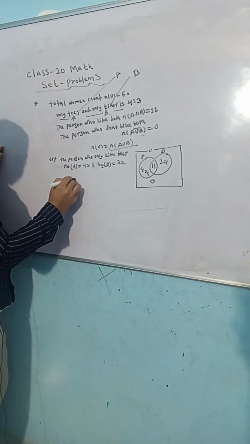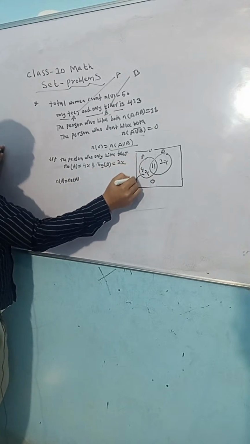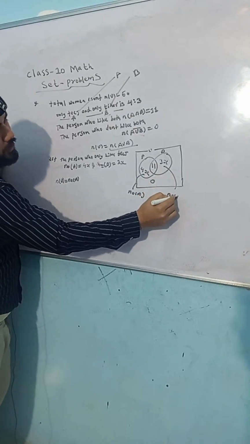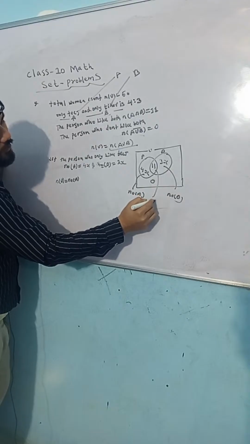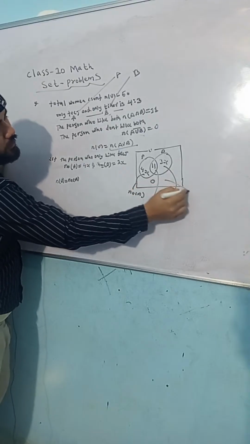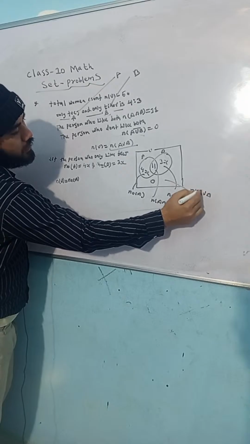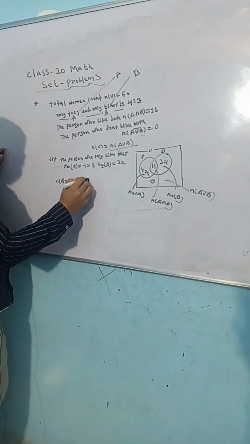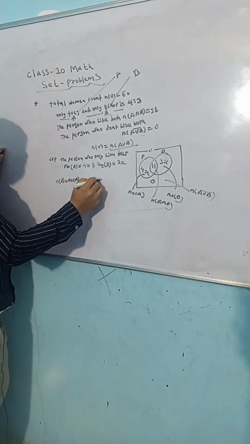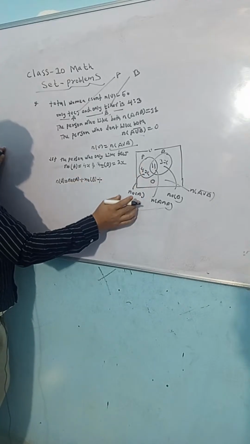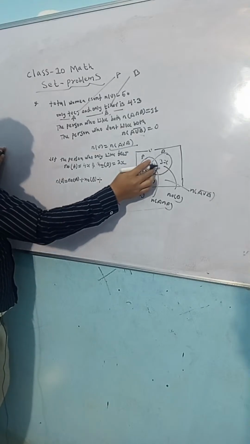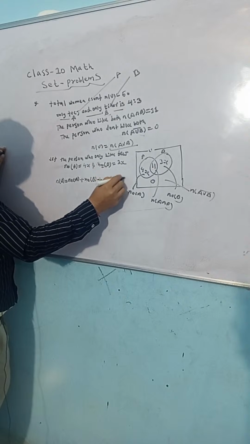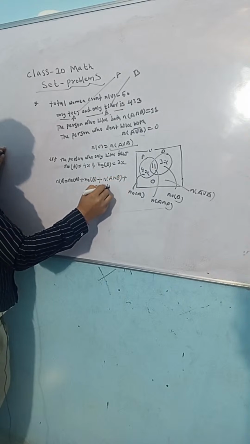This is the value of only A, this is the value of only B, this is the value of A intersection B, and this is the value of A union B complement. If you are using the formula of only, then always add the intersection section, and then you can add A union B complement.